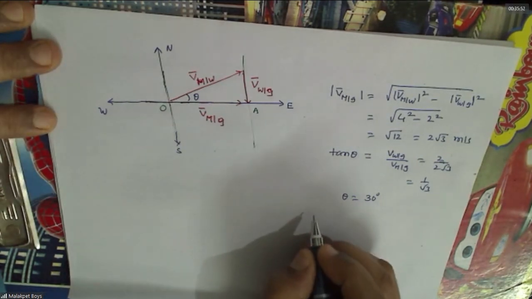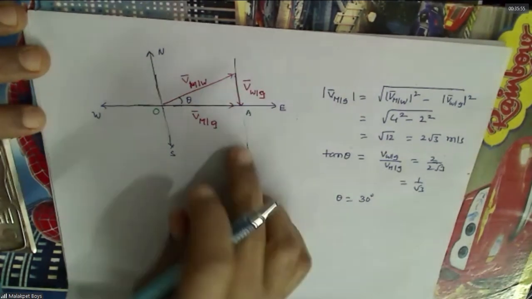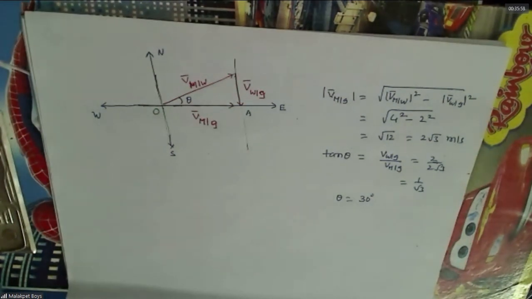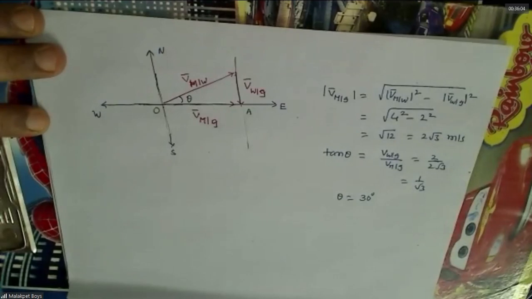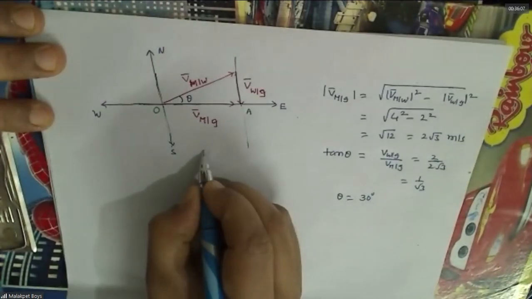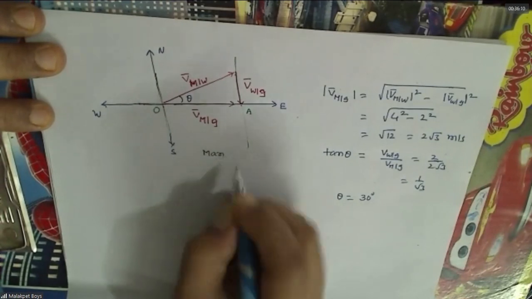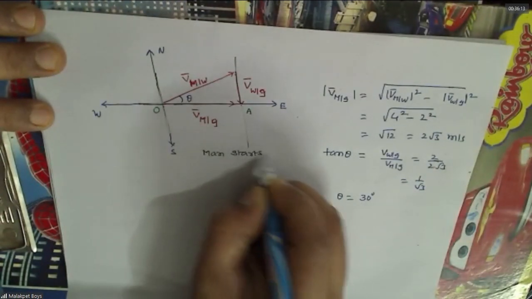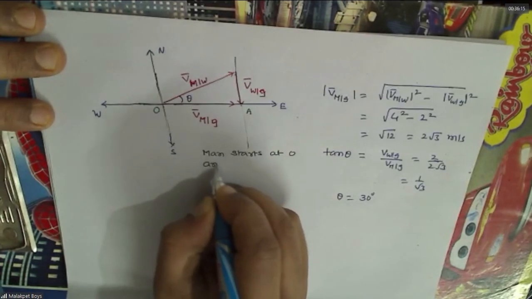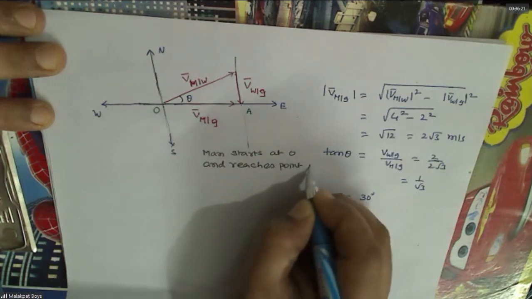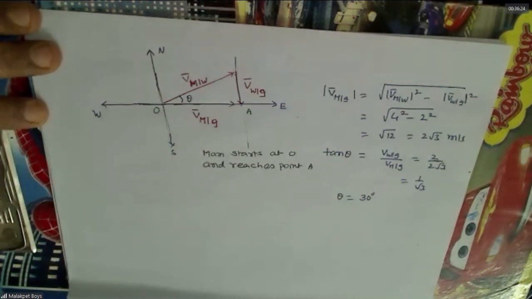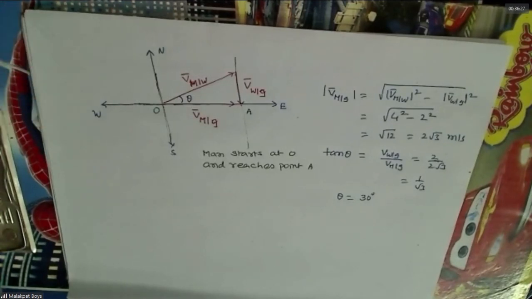Sir, but I didn't understand the question, sir. He's asking to reach a point on the opposite bank. We start at O. Okay, sir. Sir, I have one doubt. In the problem, man with respect to water should be in east direction, no, sir? Because in the diagram we wrote like this.